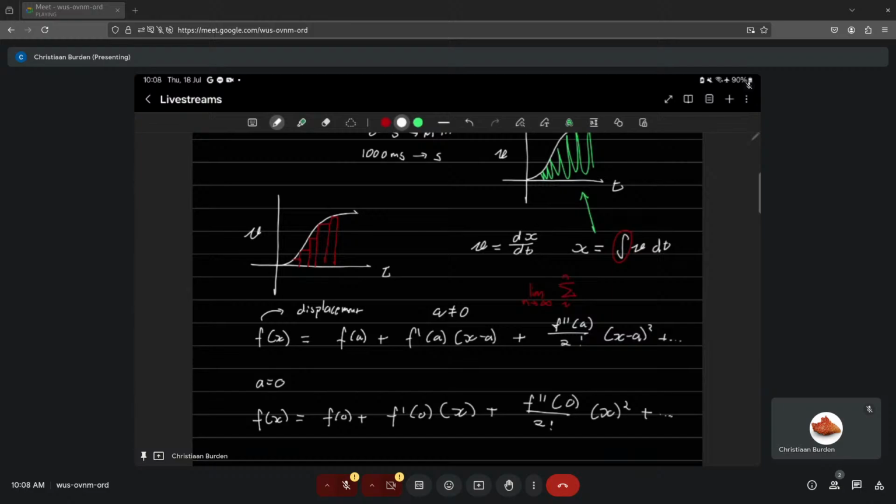Now, using this, we can kind of derive Verlet integration. I'm not going to show you the entire process, because I'm not a mathematician, and this is not really the idea of this live stream. We're more concerned about the application.